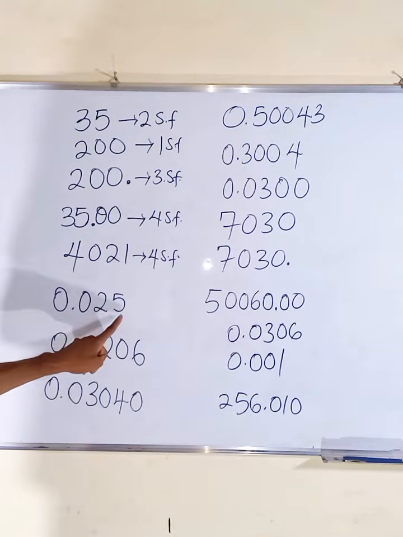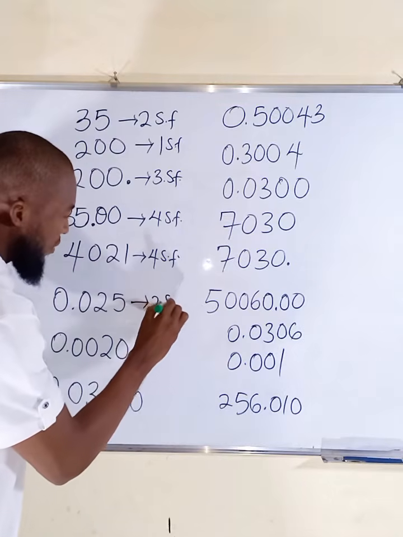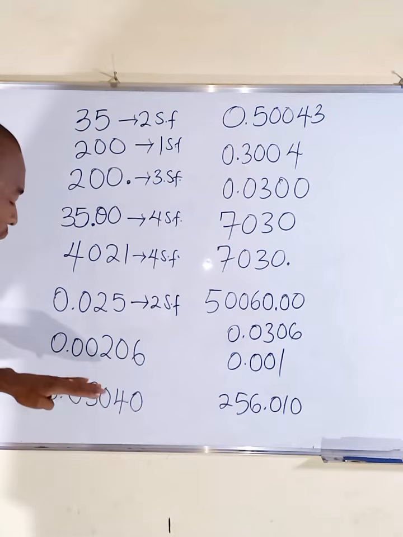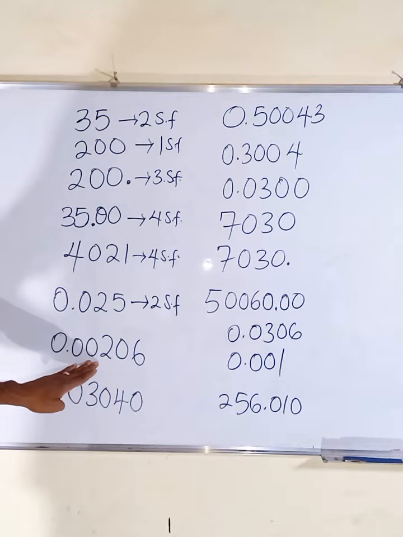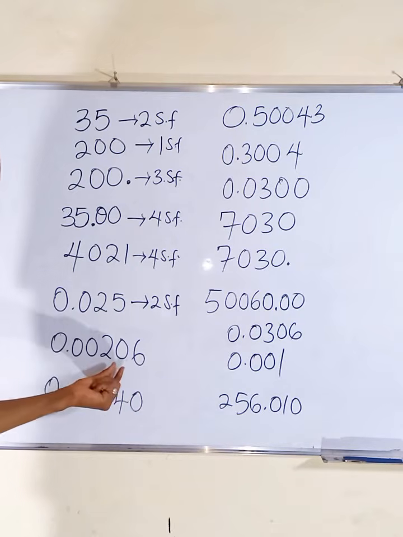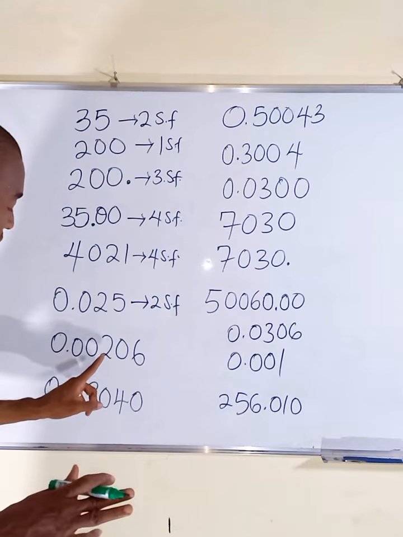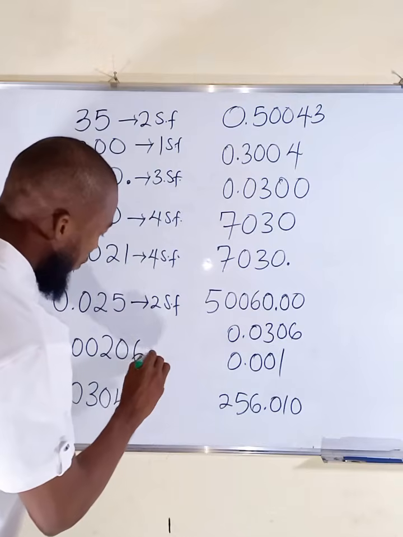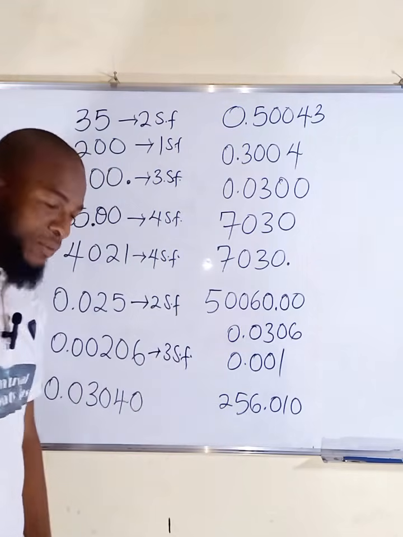So we only have 2 significant figures here. What about this one? It contains leading zeros, which are all non-significant. We have a middle zero in between two natural numbers. It is significant. Therefore, 2, 0, and 6 are all significant here. We have 3 significant figures.